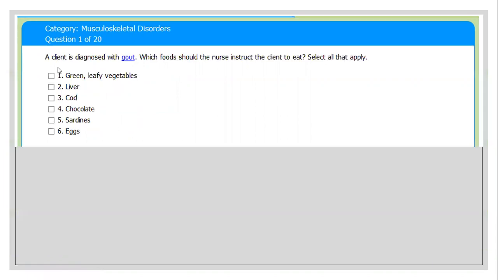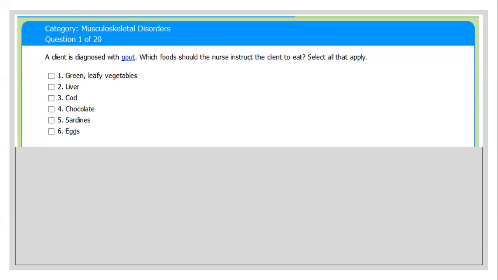Next question. A client is diagnosed with gout. Which food should the nurse instruct the client to eat? Select all that apply. So the patient has gout. In case of gout, we can see the uric acid level go up.